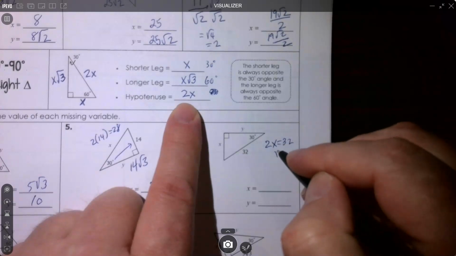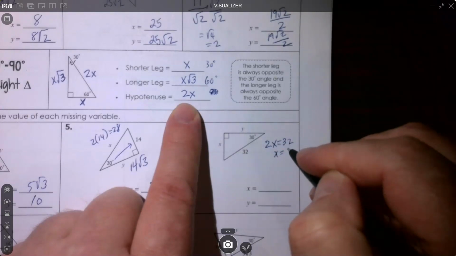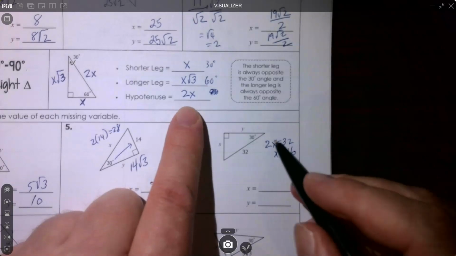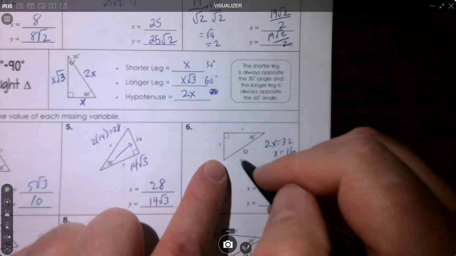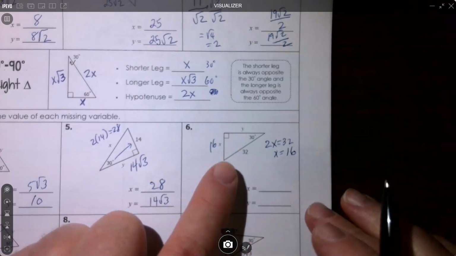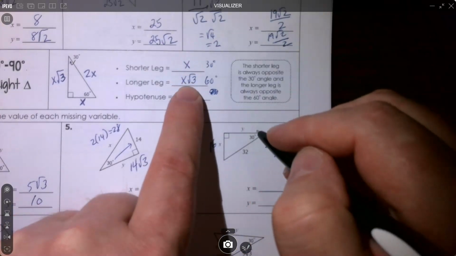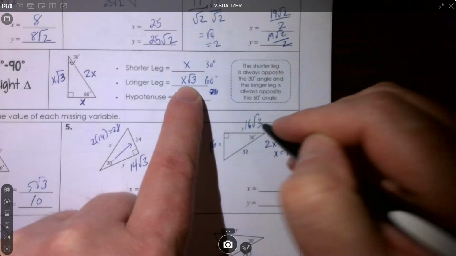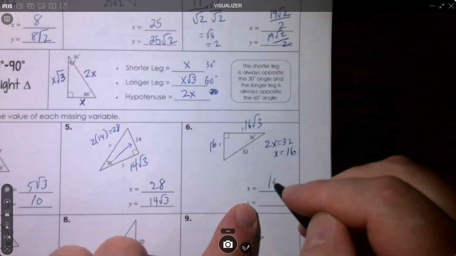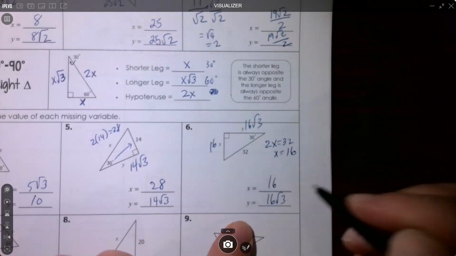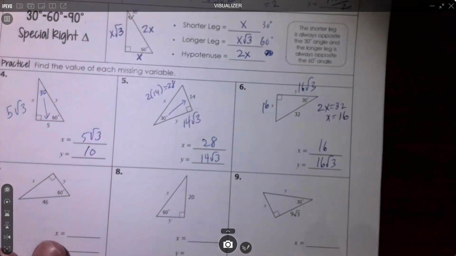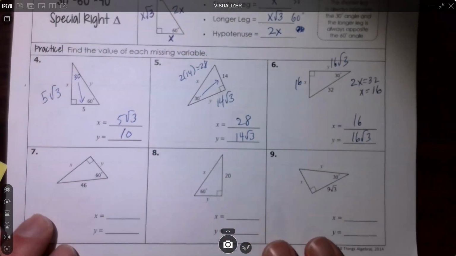That means the shortest side is going to be 16. So the shortest side is x in this case, so this is 16. And then I put a 16 square root of 3. And then I go down here, 16 and 16 square root of 3. I'm only trying to find just 2 out of 3 of the sides.